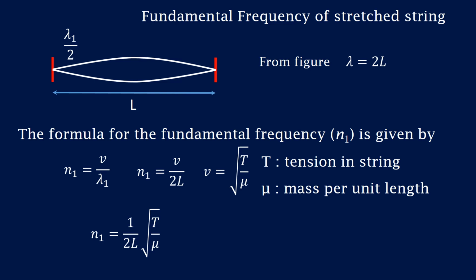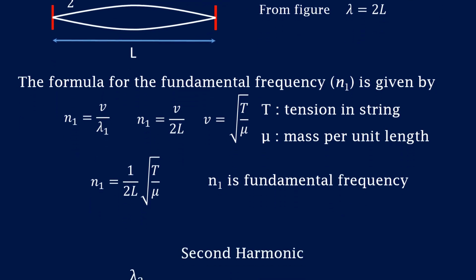This equation describes the fundamental frequency of vibration for a stretched string, where L is the length of the string, T is the tension, and mu is the linear mass density. The fundamental frequency represents the lowest resonant frequency of the string. Second harmonic.